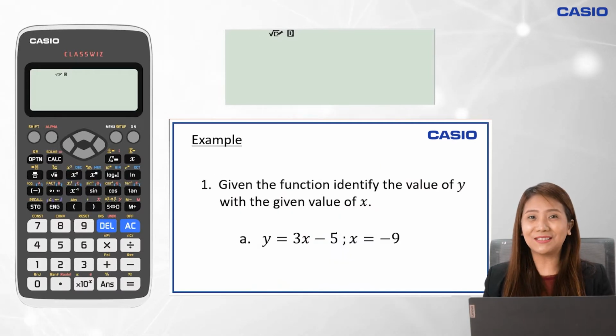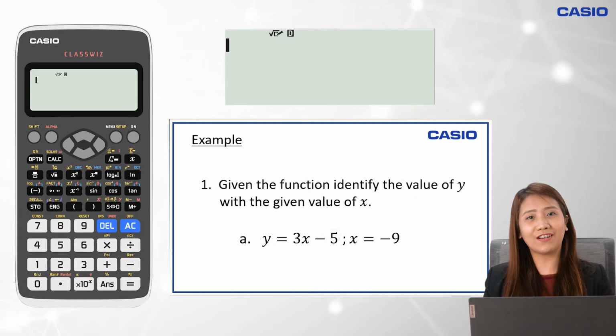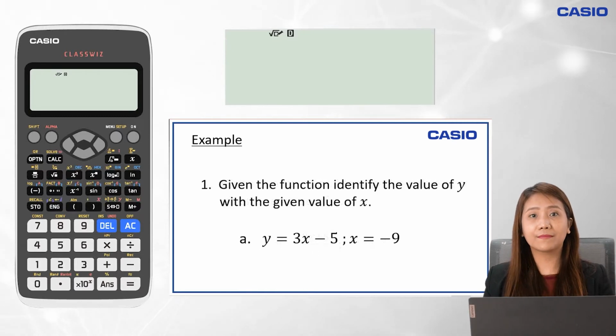Let's have an example. Given the function, identify the value of y with a given value of x, and the function is y equals 3x minus 5, where x is equal to -9. To solve for y, we go to Menu 1, Calculate mode.